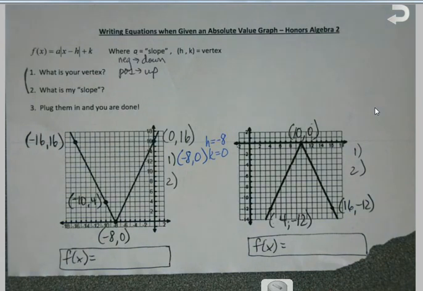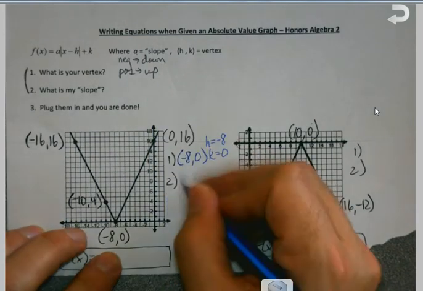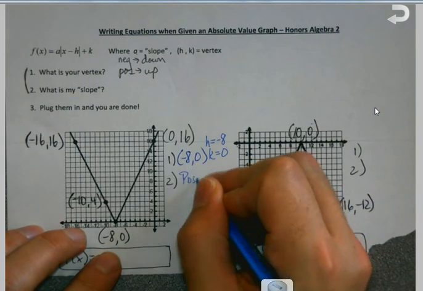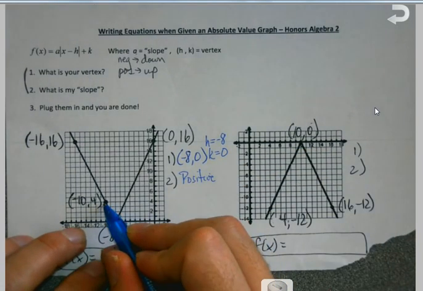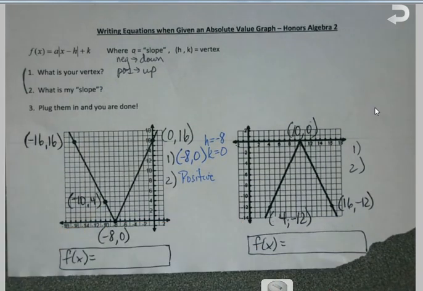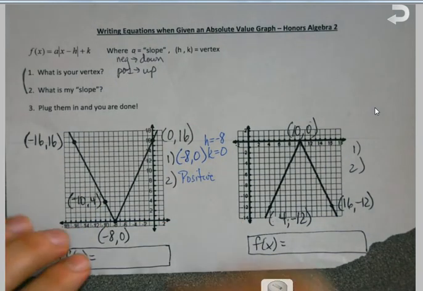And then my slope, now that's not going to be a dead giveaway, but you're always going to have several points to work with. I know it's going to be positive because it opens up. So even though I may say I'm going to count from this dot to this one, and you're like, but I'm getting a negative slope when I do that, keep telling yourself it's absolute value.